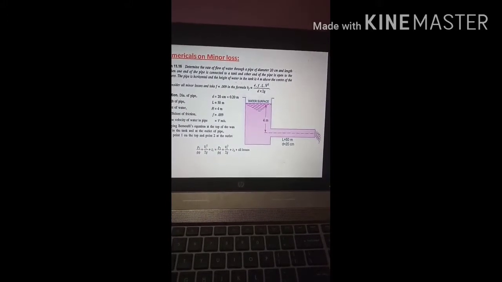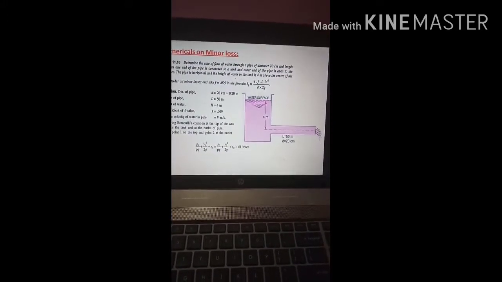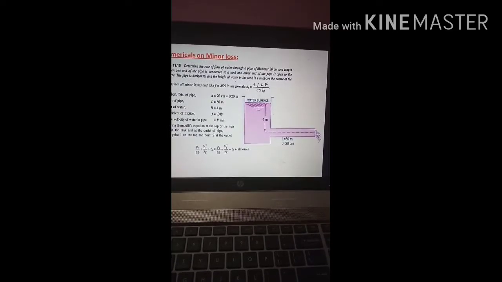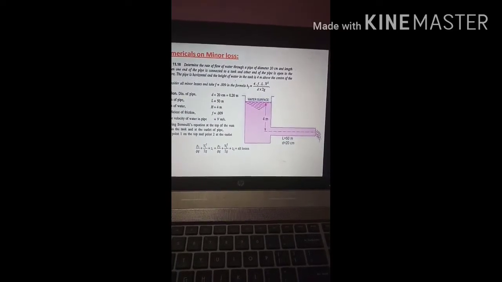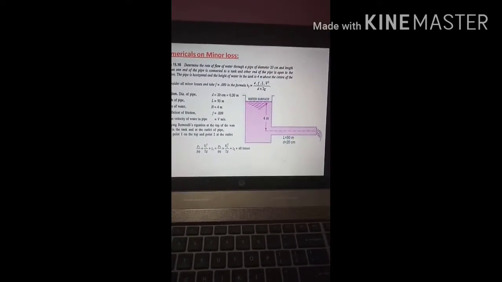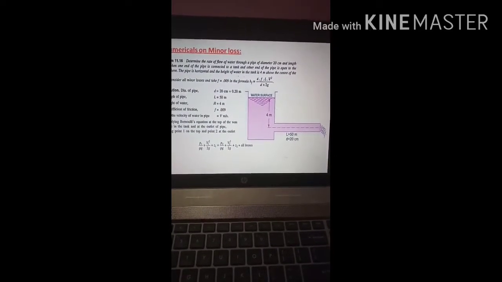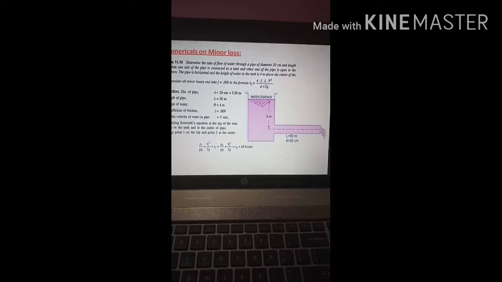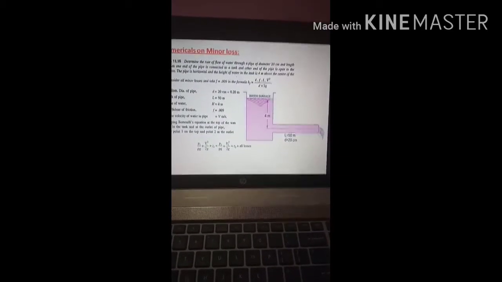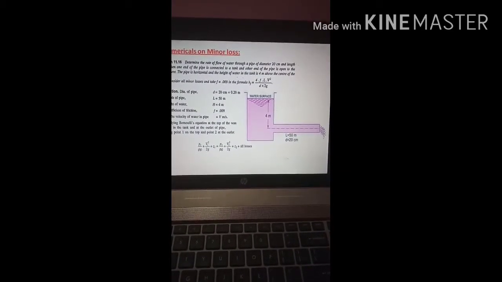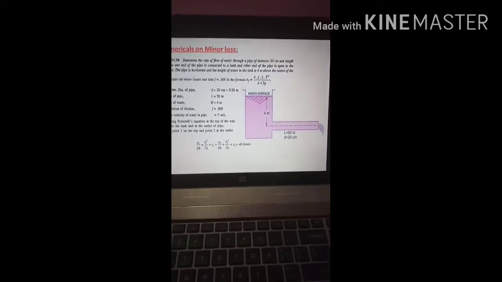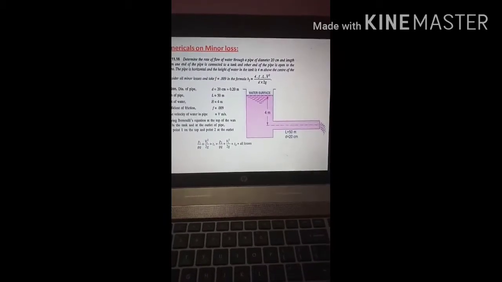Okay, no velocity, stationary fluid, is equal to P2 by rho g plus V2 square by 2g plus Z2 plus HL, or all the losses. P2 by rho g, again it is in the atmosphere at the end of the pipe, so it is 0, atmospheric pressure. V2 is the velocity inside the pipe, velocity V. Z2 is at the datum, the center line of the pipe, so it is 0.